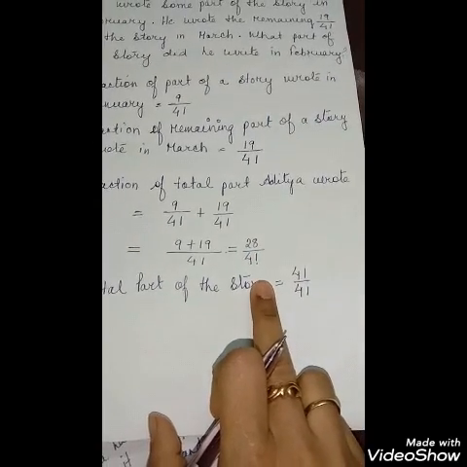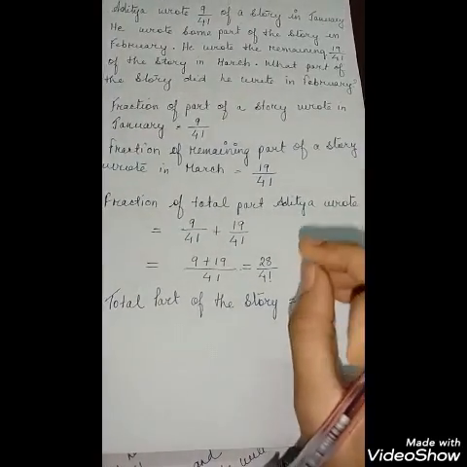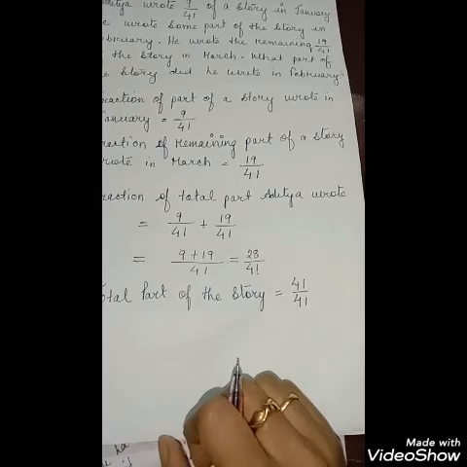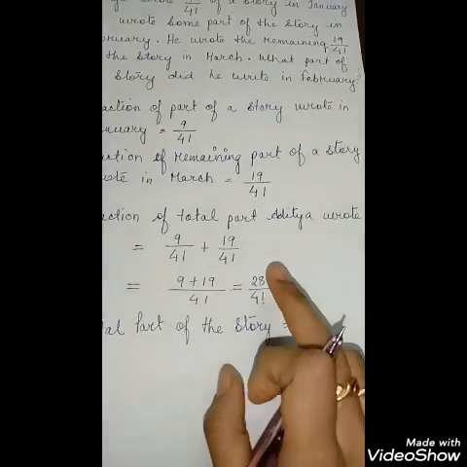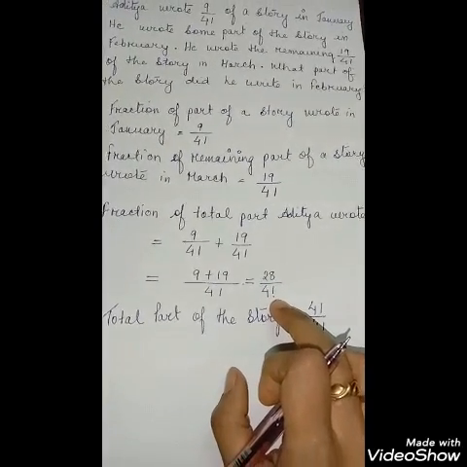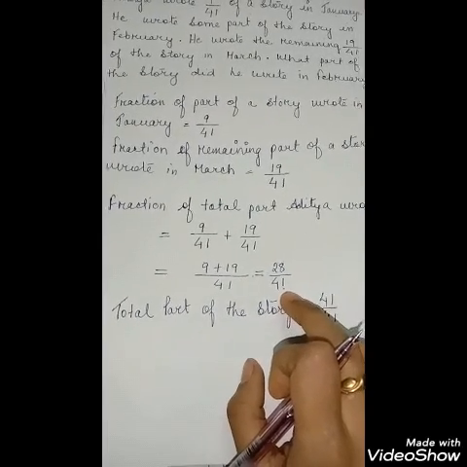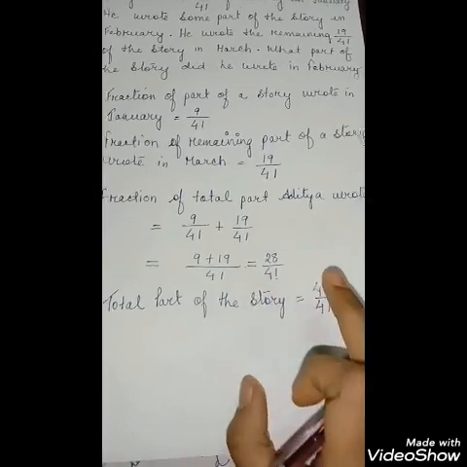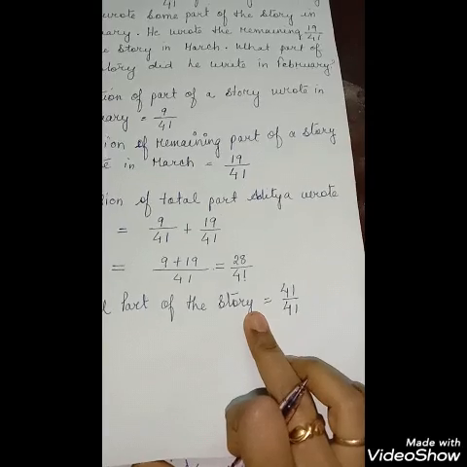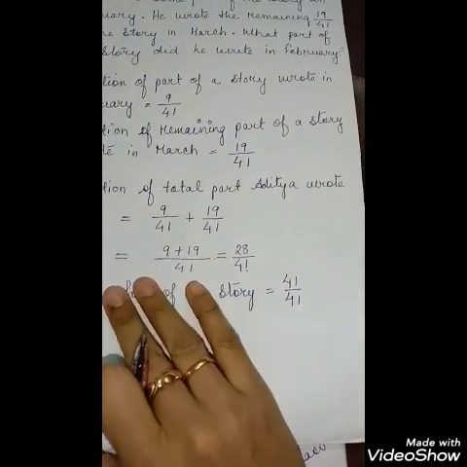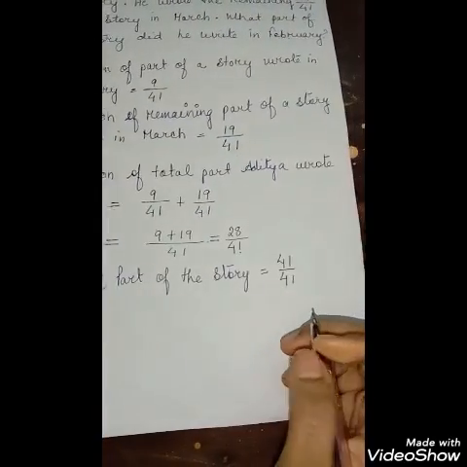Now, to find the part written in February, we have to subtract that 28/41 from 41/41, which is the whole.